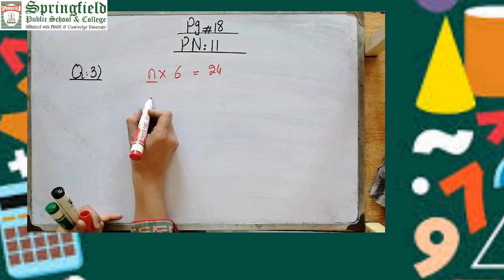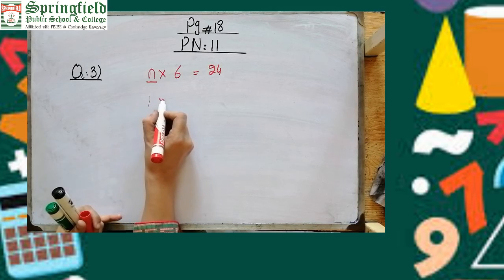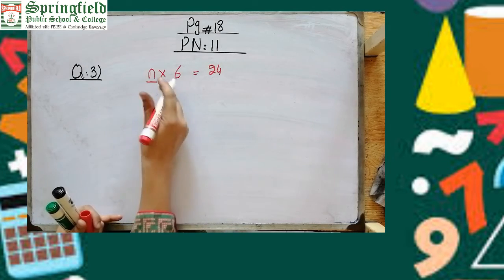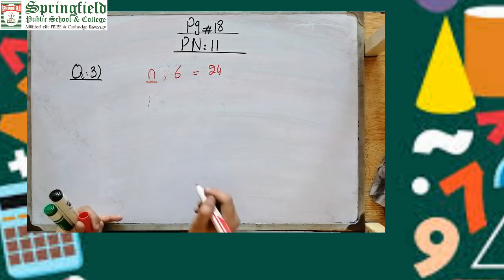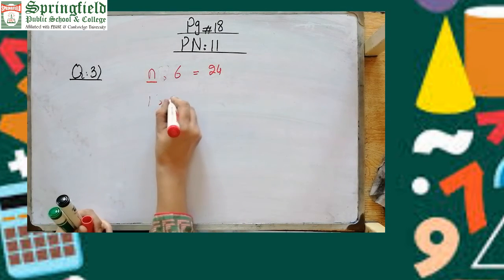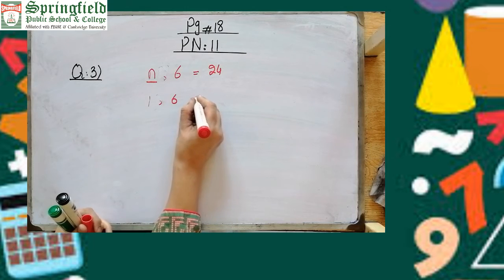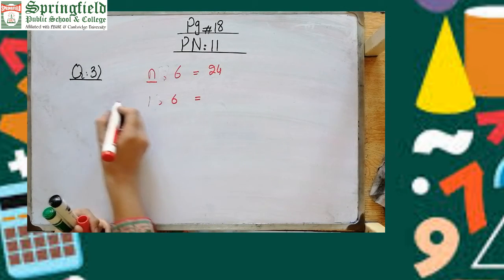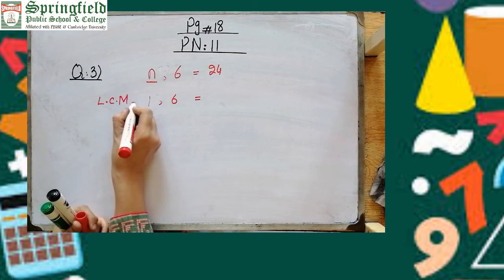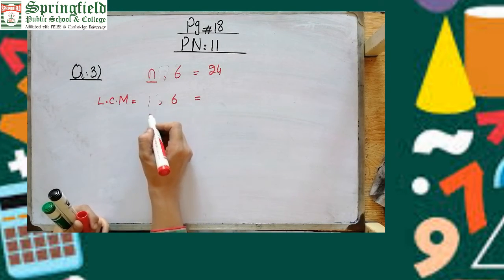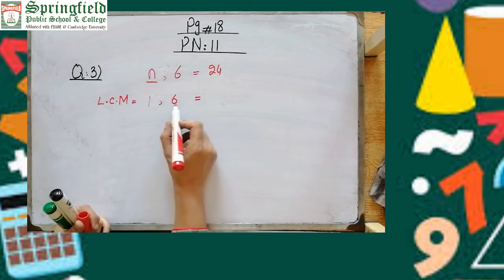When we write n is equal to 1, don't write multiplication here, write n and 6, put a comma, and then the LCM of 1 and 6. We will find the LCM by putting n as 1, 2, 3 and so on.